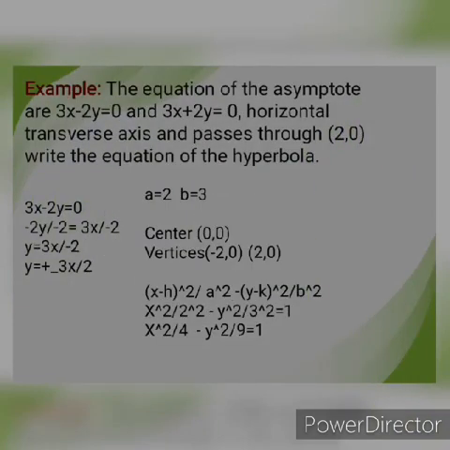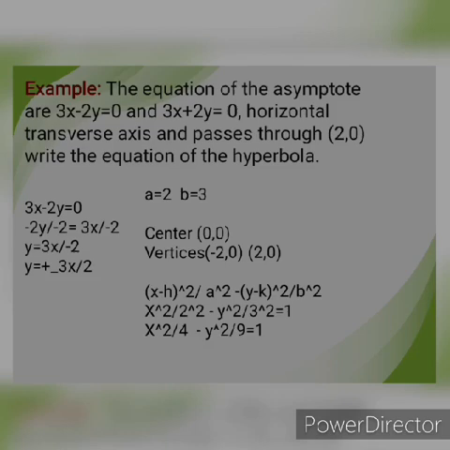So next example: the equations of the asymptotes are 3x minus 2y is equal to 0 and 3x plus 2y is equal to 0. The transverse axis is horizontal and the hyperbola passes through (2, 0). Write the equation of the hyperbola. So our a is 2 and our b is 3.